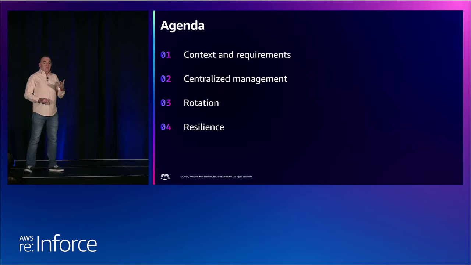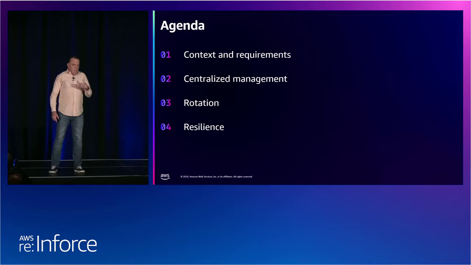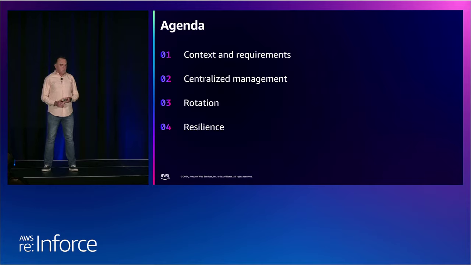The second aspect is how we are rotating those secrets. And finally, we are going to talk a little bit about how we're implementing resilience in that solution. So to start, I'm going to invite my friend Sunny to talk about the context and the requirements here.